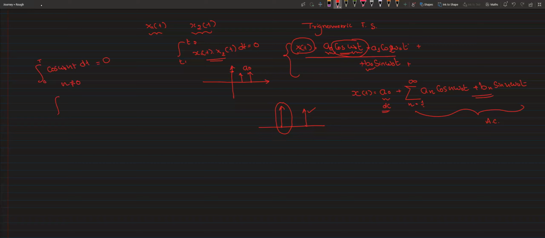Another condition: the integration from 0 to T of sin n omega naught t dt, where n is not equal to 0. What will be the value? It is 0.